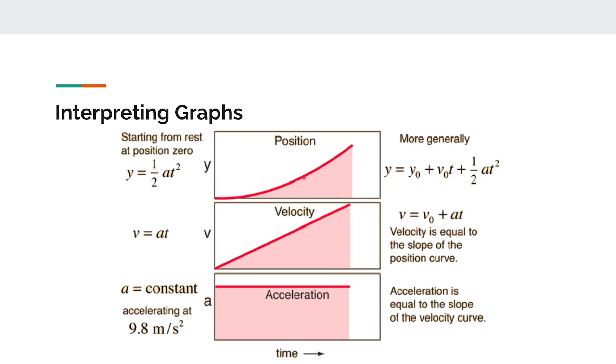So at any point in time, let's say at this point over here, the slope of this point is going to be our velocity, right? In a similar note, our acceleration is going to be equal to the slope of the velocity curve at this point, right? So our slope here is going to be something, and that slope is going to be our acceleration, right?